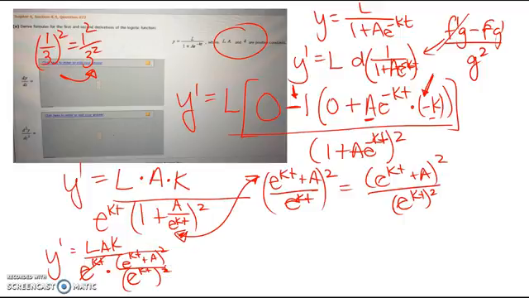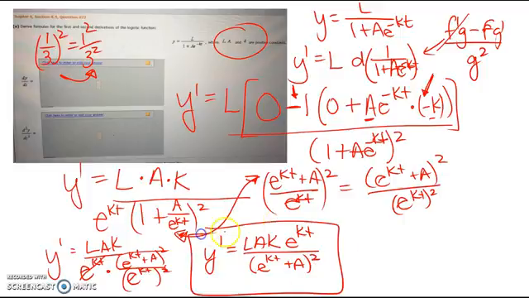And instead of dividing by a fraction, I multiply by the reciprocal, so this becomes LAK e to the kt over e to the kt plus A, squared. This is my first derivative. Pretty crazy, huh? But it works.